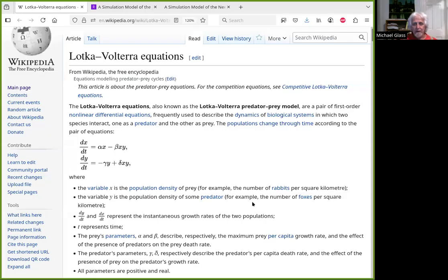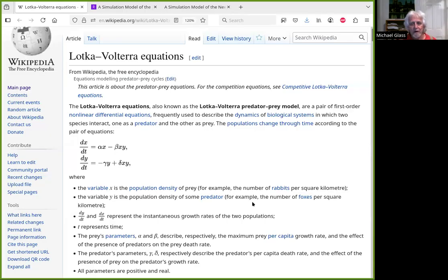The first thing I'll start with is really classic differential equation models of predators and prey. Traditionally that might be foxes and rabbits, or mongoose and snake, depending upon your cultural orientation. Let me quickly show you the classic equations.